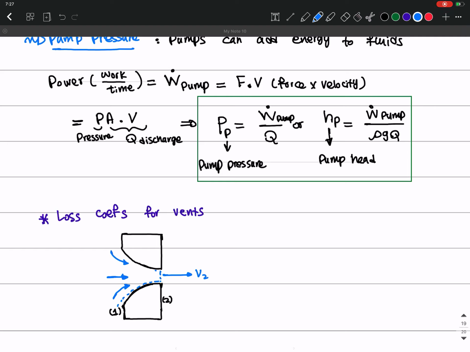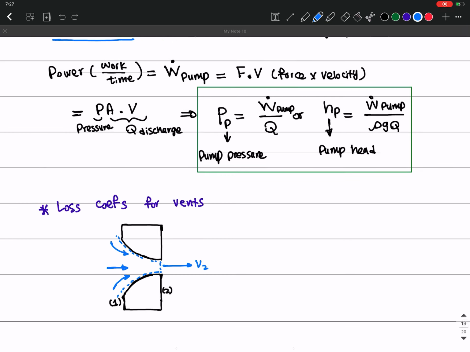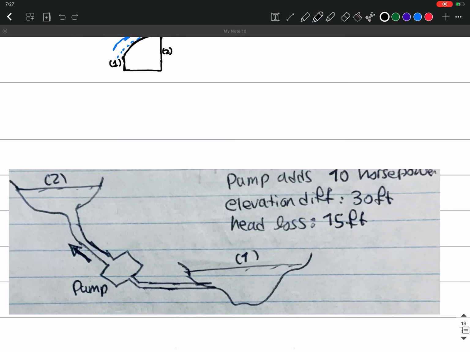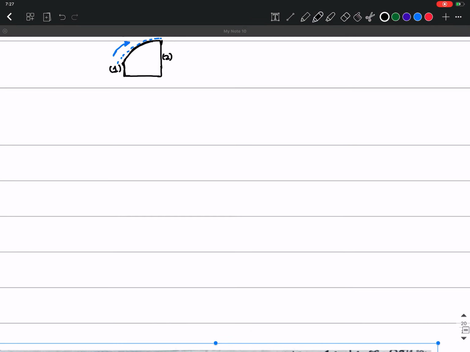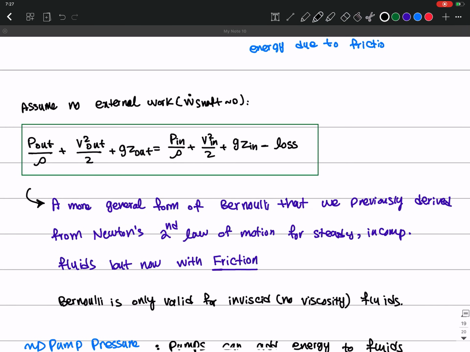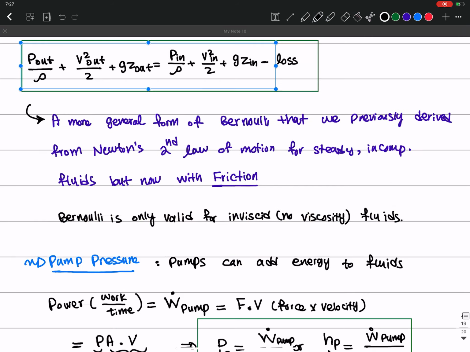So if you take this, say, control volume again, what we can write is the energy equation between 1 and 2. So let me put this a little bit down. So energy equation. What is going to give me? This is my energy equation, so let me copy it.